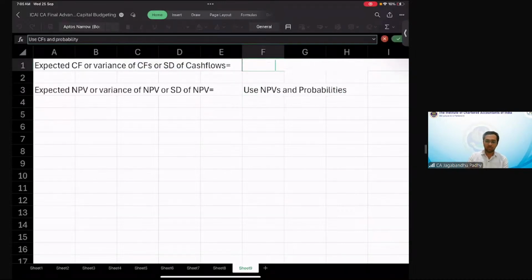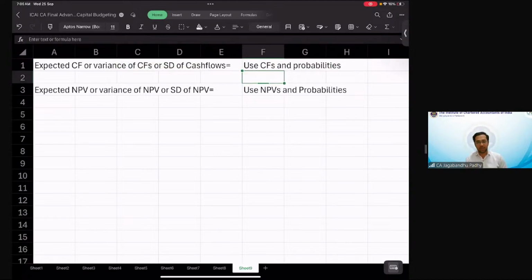Okay, so for cash flows, if it is a statistical measure of cash flows, the corresponding probability for that cash flow should be used. Whereas if you're supposed to be calculating the variance of NPV, we should be calculating the expected or standard deviation variance of NPV using the probabilities that are assigned to the NPV. Okay, just keep that particular point in mind.